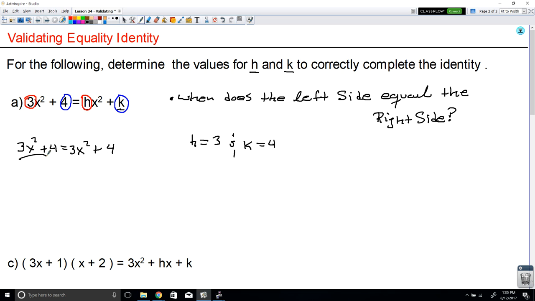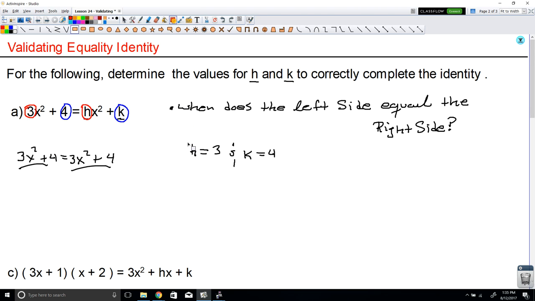Now, yes, the left side is exactly like the right side. So for this example, for what values of h and k is the identity true, or the left side equal to the right side? Those values are when h is 3 and k is 4.